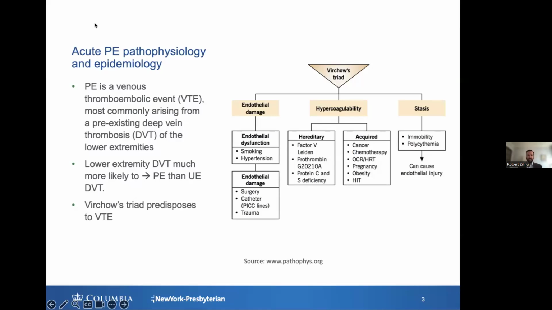On the acquired side, we think about cancer, chemotherapy, hormone replacement therapy or OCPs, pregnancy in particular, obesity, and certain acquired thrombophilias. Stasis, really, we think about immobility, surgery, polycythemia, other things like that that may cause a decrease in our venous blood flow.